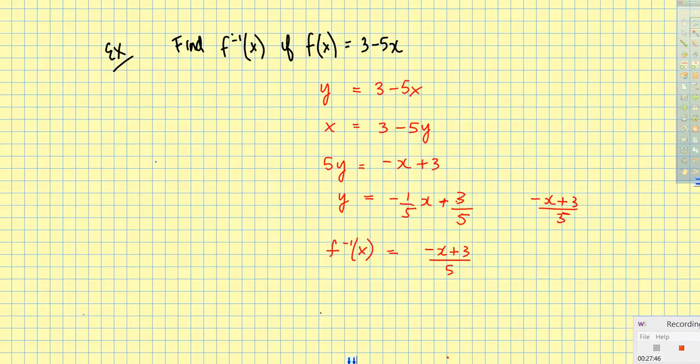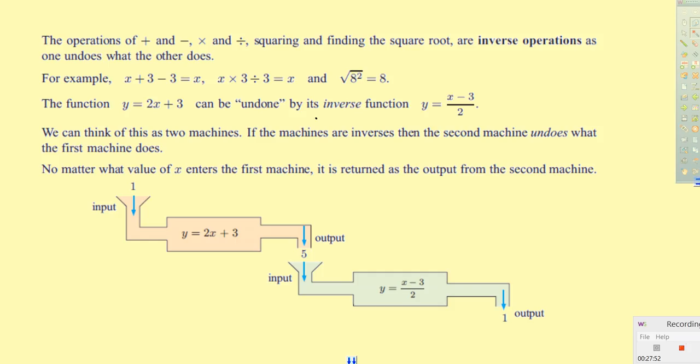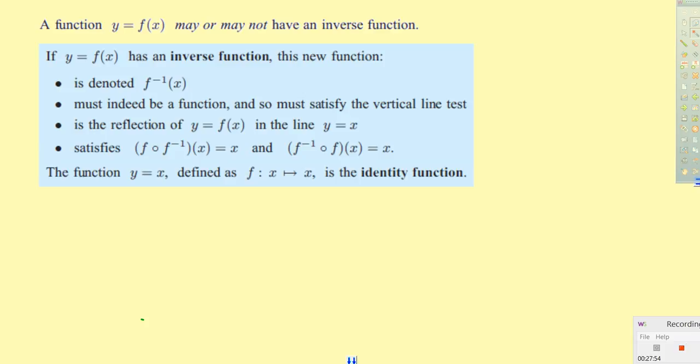Alright, now, when we are working with composite functions, like we looked at f of g, or g of f of x, what if we do now f of f inverse, for example.